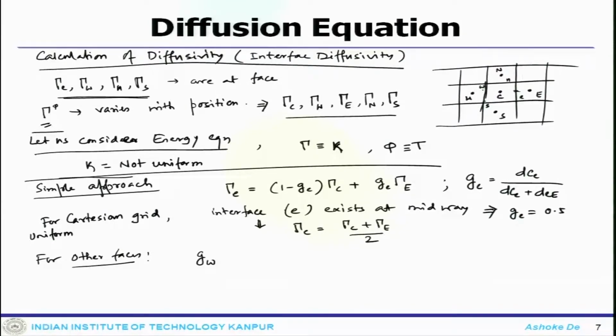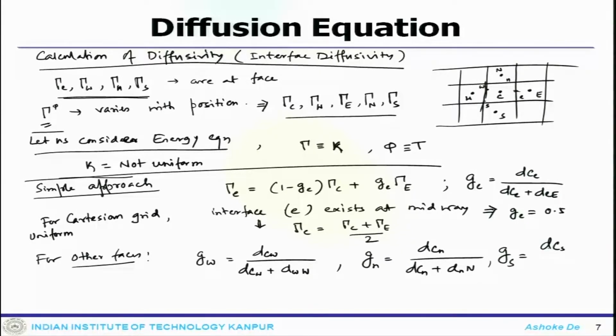Let us say at the west interface, G W would be d C W divided by d C W plus d W W. For the north face, it would be d C N divided by d C N plus d N N, and for the south face, it is d C S divided by d C S plus d S S. So, it takes care of the distance between this point and the distance between this point.